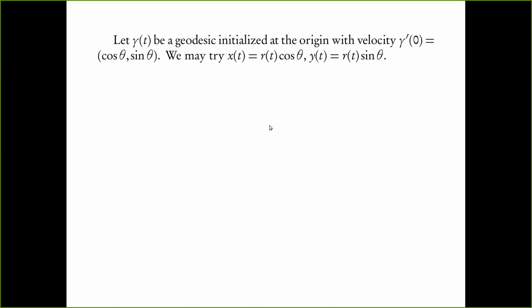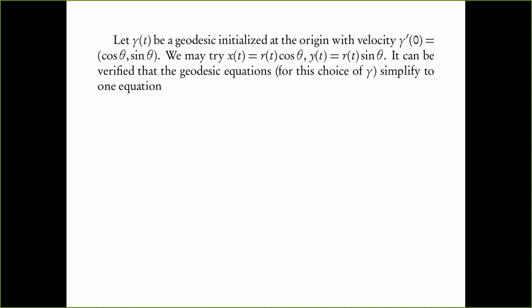So instead we try r of t cosine theta, r of t sine theta, because r of t cannot be linear: the metric is changing with r square and it's not constant for sure. That's the reason for trying this. If you want to try some function r of t instead of t, then you'll have to solve the geodesic equation with the Christoffel symbols that we just discussed.